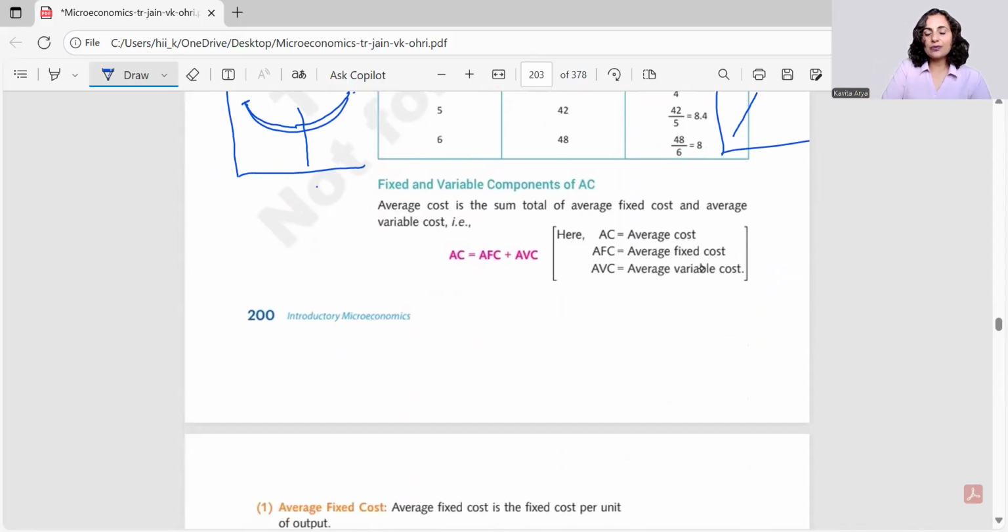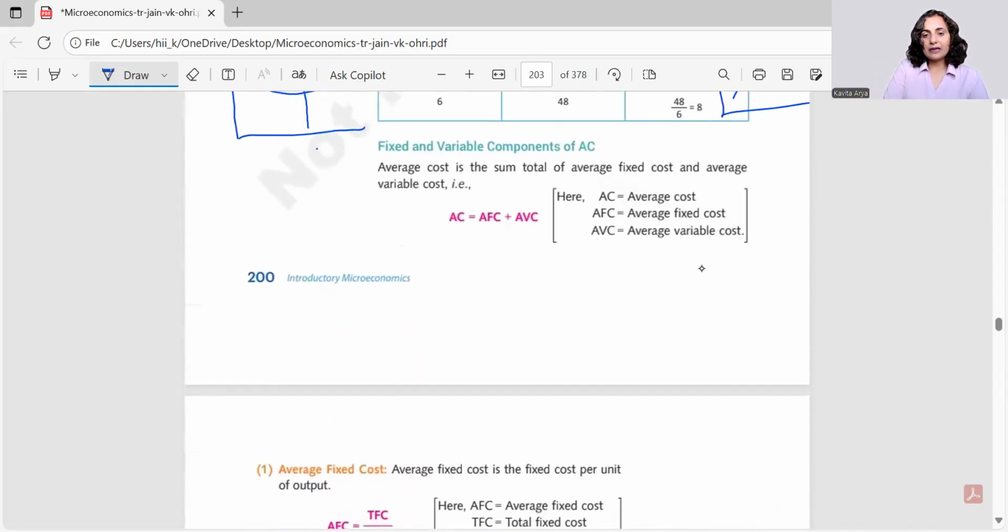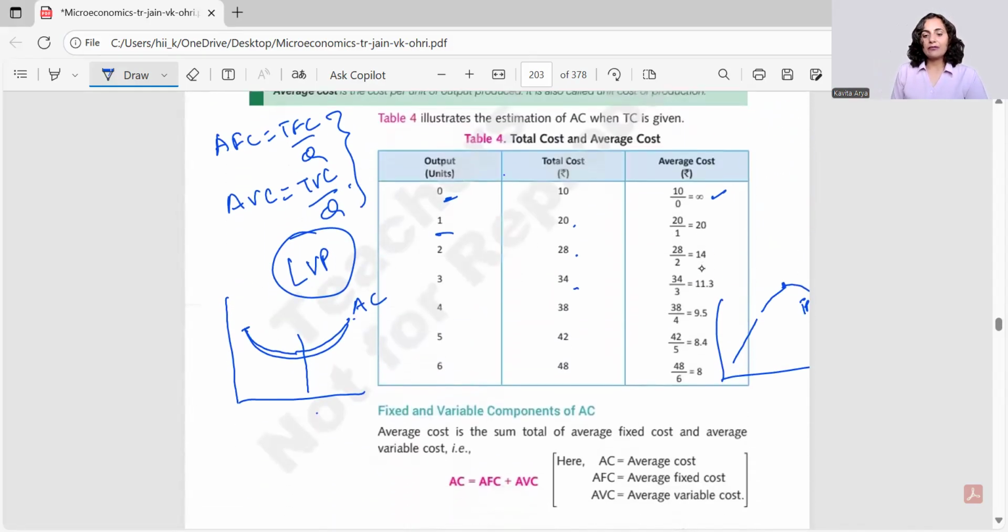So if we just try to check out, listen, one more thing. When we talk about average cost, as we know, total cost is equal to total fixed and variable, right? Sum total of these two. On a very similar note, AC would also be equal to average fixed cost plus average variable cost, or you can just divide these by quantity to get this expression.